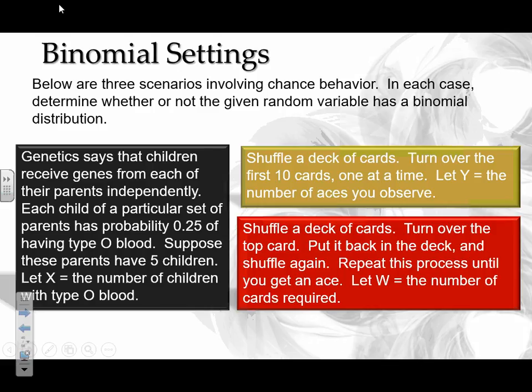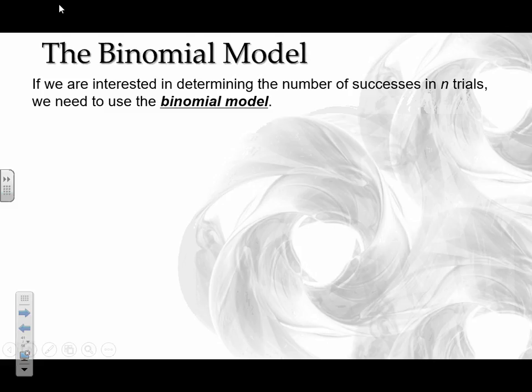Identifying binomial settings. All right, so if we have a binomial setting, we are able to use our binomial model to determine different probabilities or look at the distribution of outcomes within our setting.